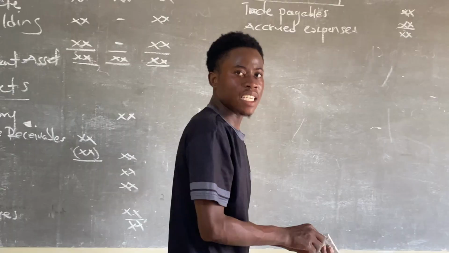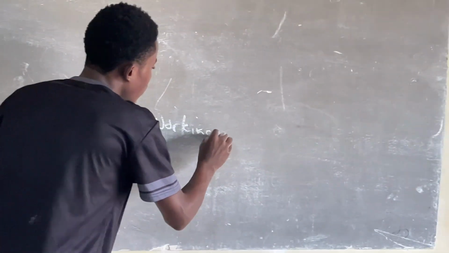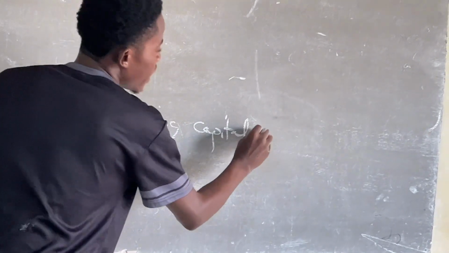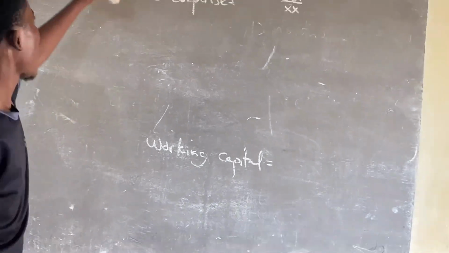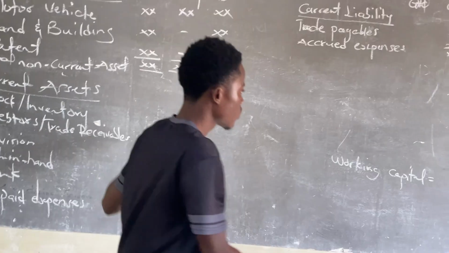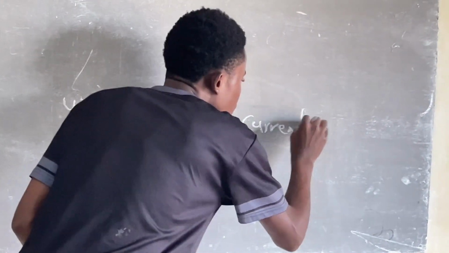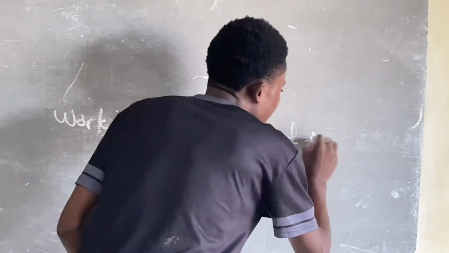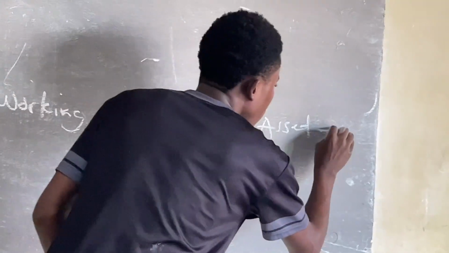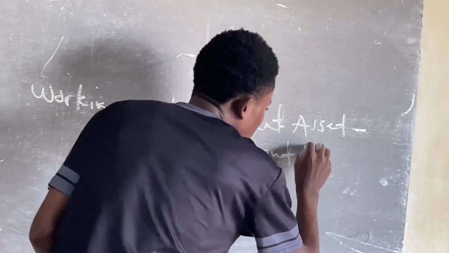So to get our working capital, we deduct our current liability from the current asset. So working capital gives us current asset minus current liability.